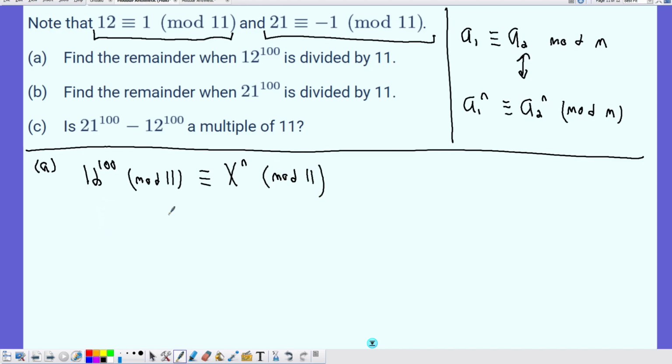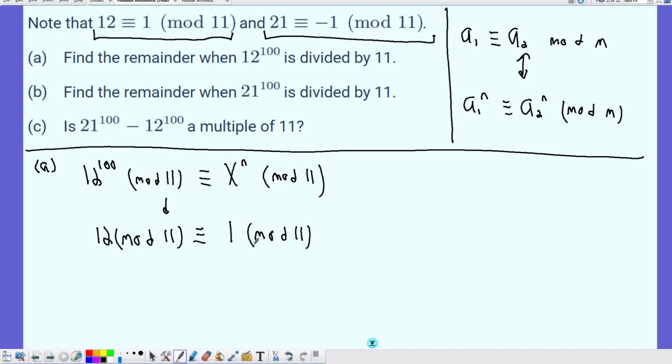But what this also implies is that 12 mod 11 is congruent to, well, 12 mod 11 we know is 1 mod 11.